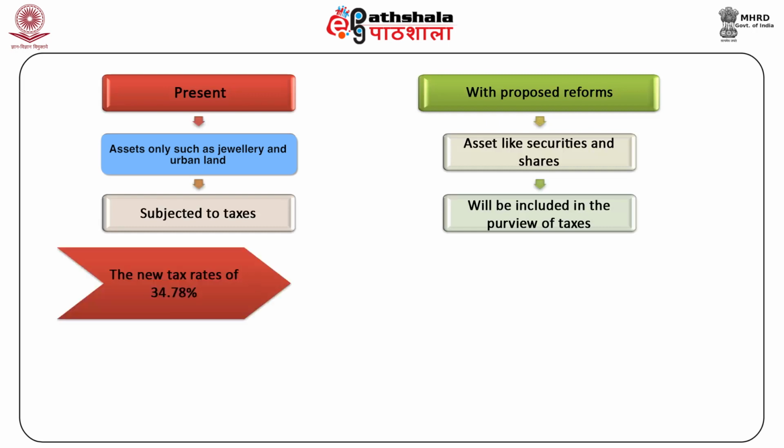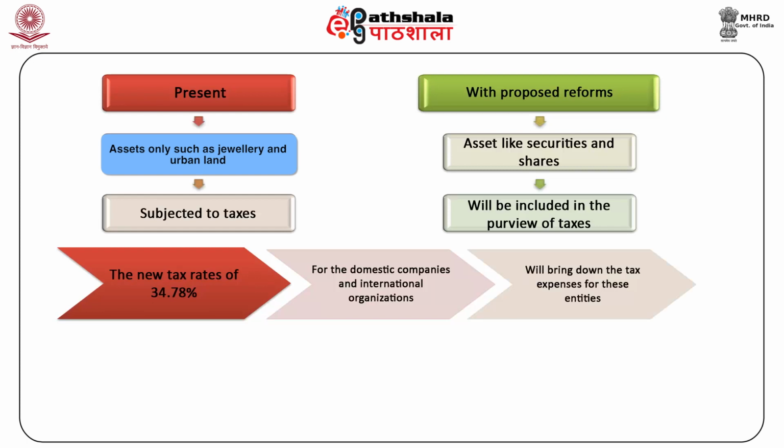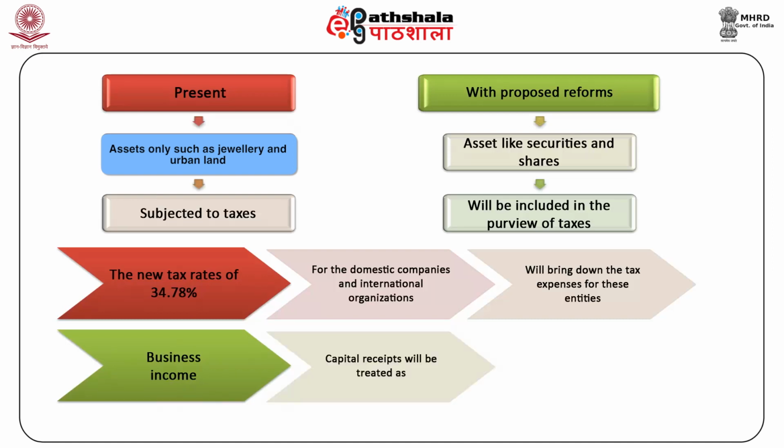The new tax rates of 34.78% for the domestic companies and international organizations will bring down the tax expenses for these entities. In case of business income, capital receipts will be treated as normal profits.